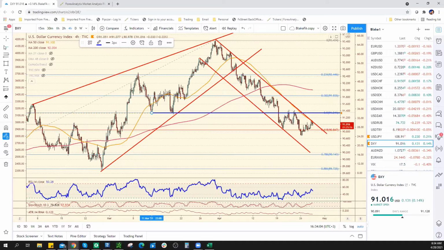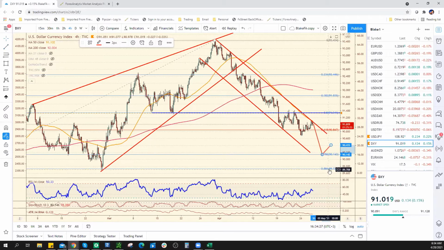Now, let's imagine the Fed Chairman's dovish and stocks rip to all-time highs, which seems likely. What happens here? If we break through this support, then we can come down and test 90.15, right?